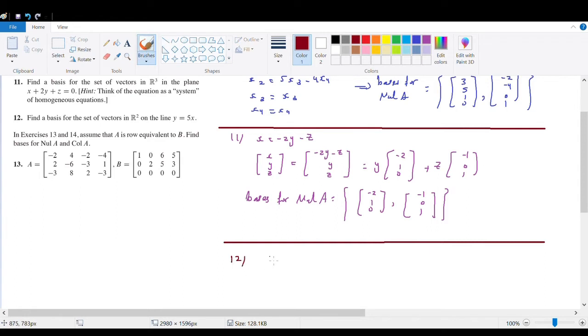So in 12 we also have the vector xy, where x is equal to x and y is equal to 5x. So we can write this one as x multiplied by 1 and 5. So now the basis for null A is equal to 1, 5.